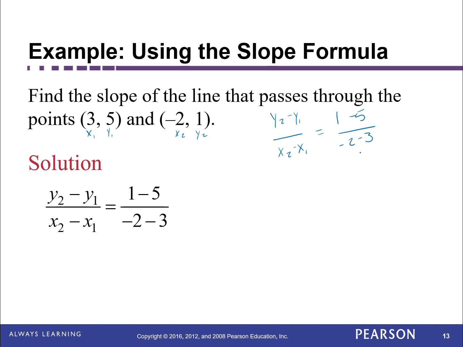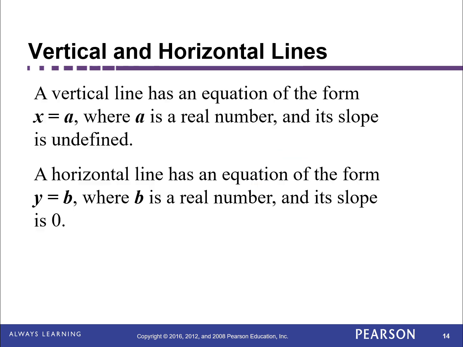So 1 minus 5 here is negative 4, and then negative 2 minus 3 is negative 5. That simplifies down, because the negatives cancel out, to just 4/5. That is the slope between those 2 points.